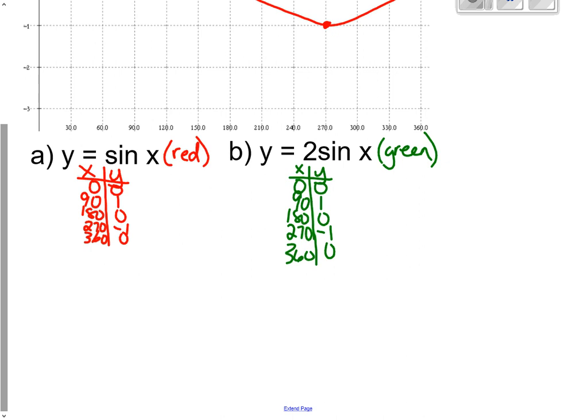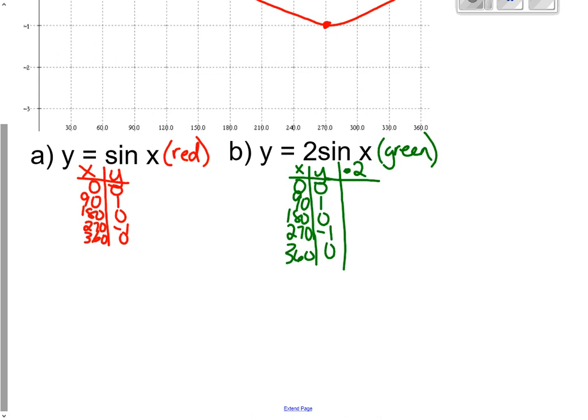Now, when we changed our amplitude, we changed it to a 2, means that we ended up multiplying our function by 2. So we know from transformations from previous functions that if we multiply our function by 2, I'm going to multiply my y values all by 2.